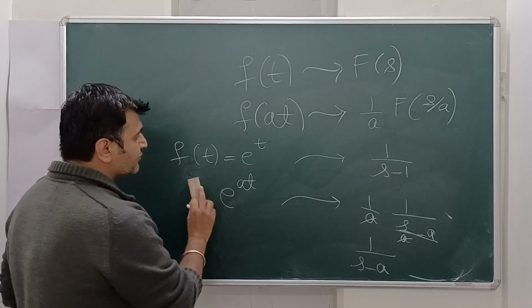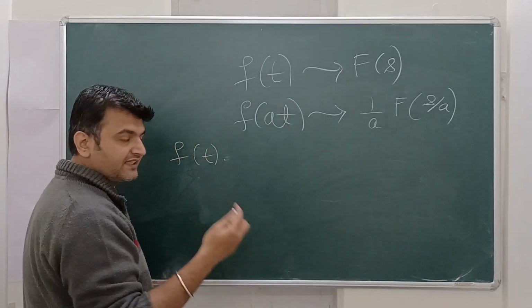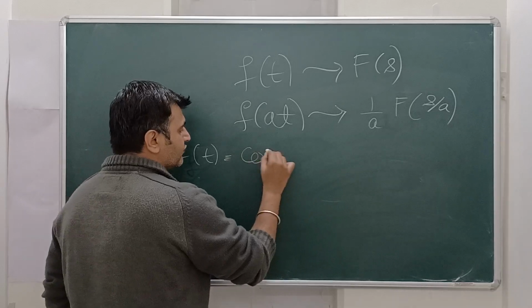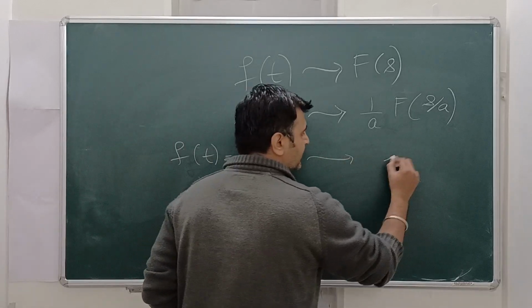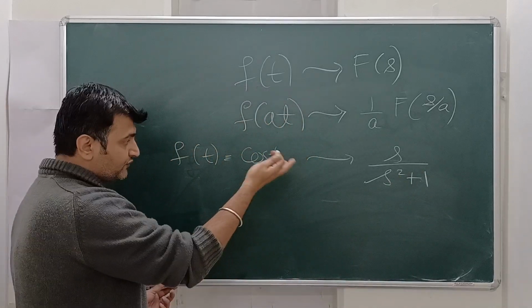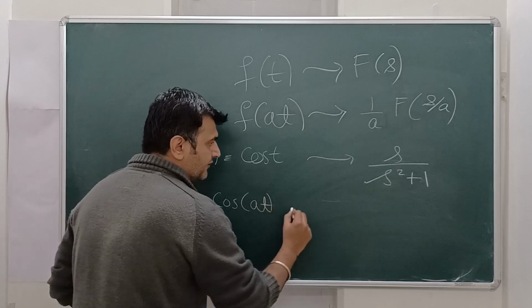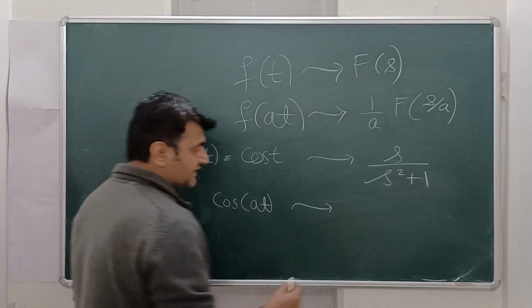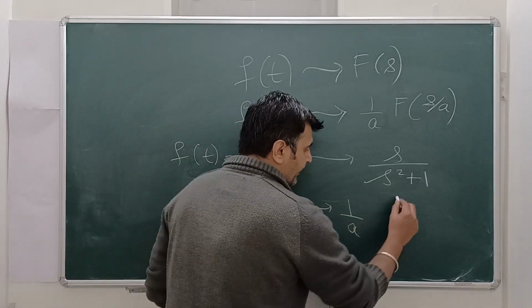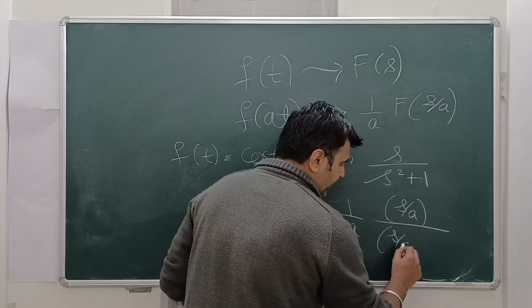Similarly, suppose instead of e raised to t, someone tells you that Laplace of cos t is nothing but s upon s square plus 1. If somebody gives you this and asks what is Laplace of cos at, what is the answer? It is 1 by a, and wherever you have s, you replace s by s by a.